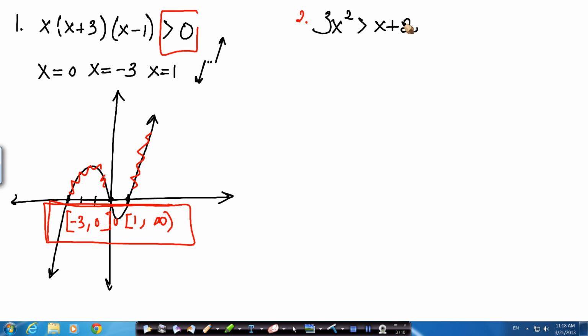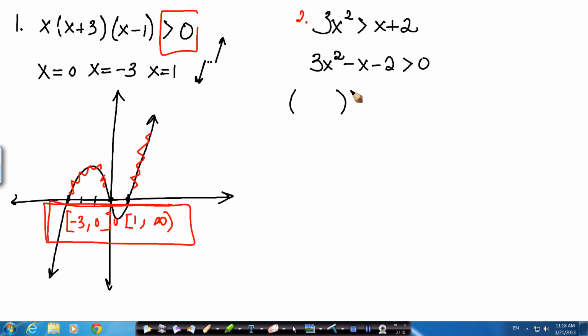So what we really want to know is when is the parabola 3x squared greater than the line x plus 2? But what we can do is we can solve this thing, right? We can say this is 3x squared minus x minus 2 is greater than 0.